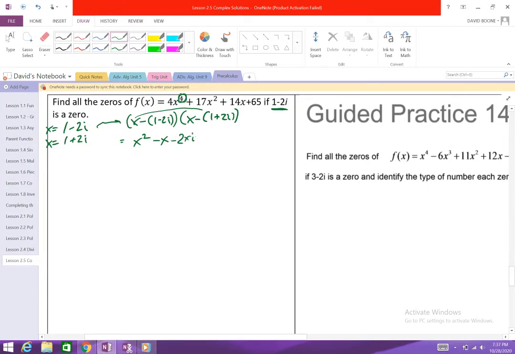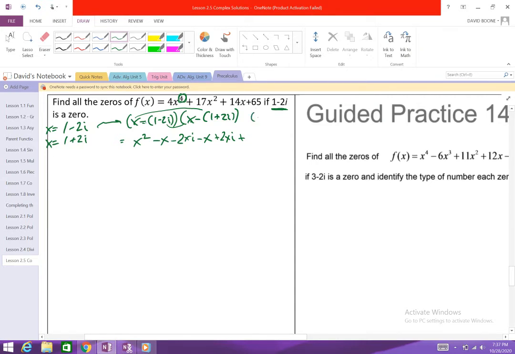And then negative x times 2i would be negative 2xi. I do these middle ones, again, negative x times 1, so that'd be negative x. And then negative x times a negative 2i would be positive 2xi, sorry. And then multiplying the lasts, so minus times a minus is a plus.